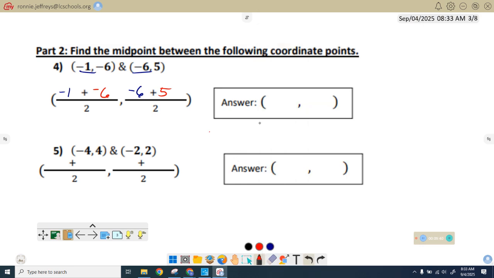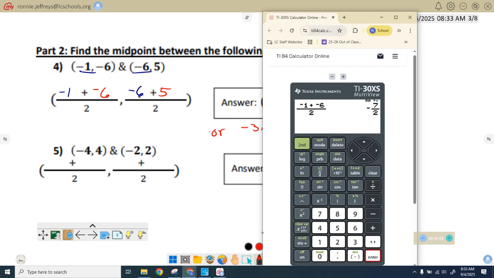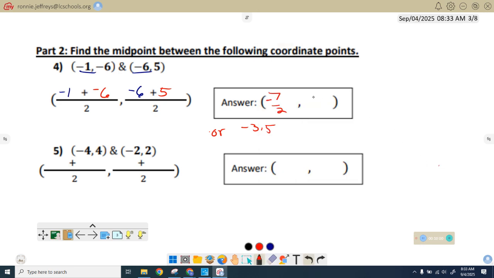All right. So we got -7 over 2, or -3.5. 6 plus 5. All right, negative 1/2. All right, so did it this way or negative 3.5, negative 0.5. Okay.